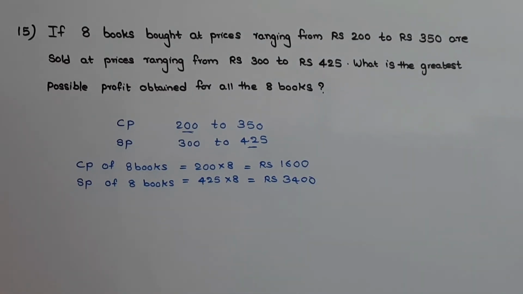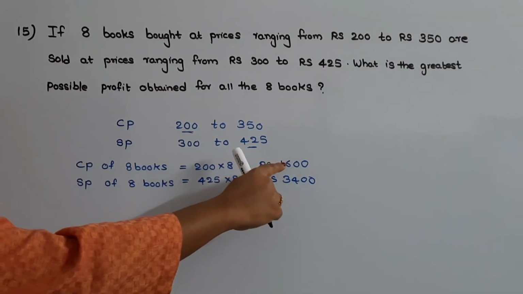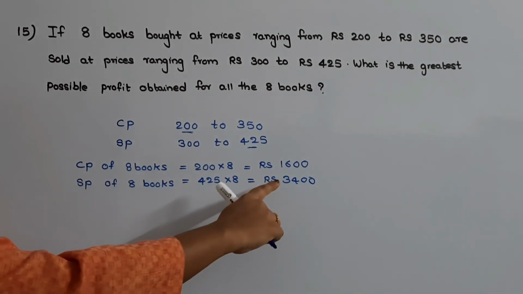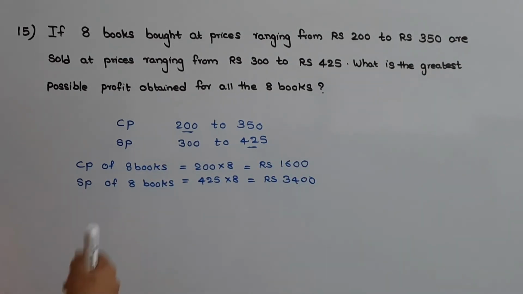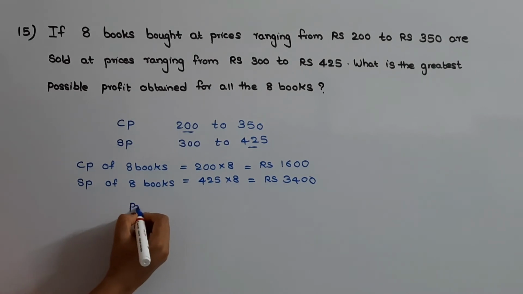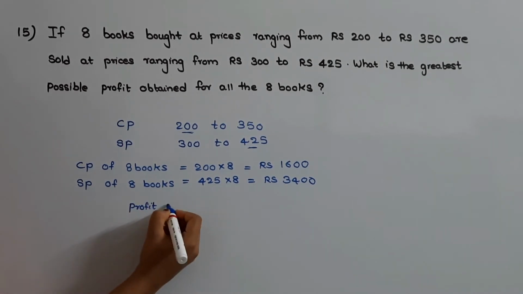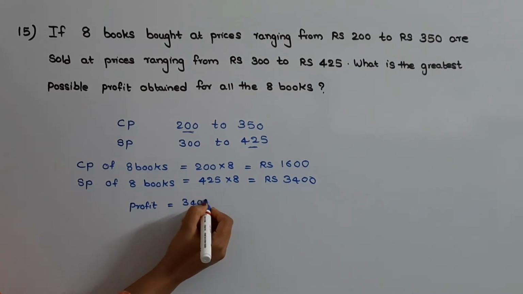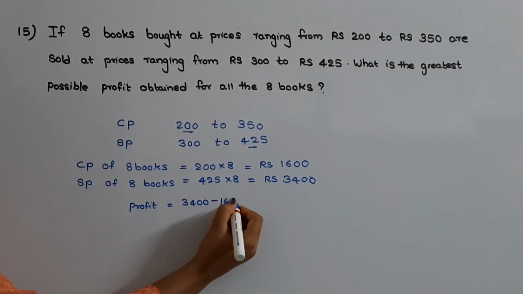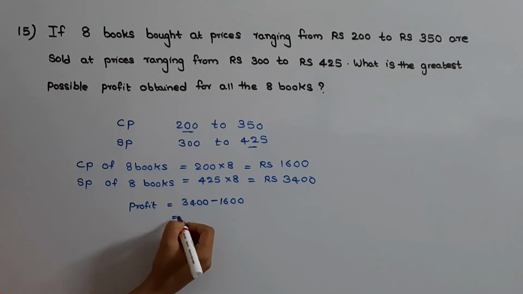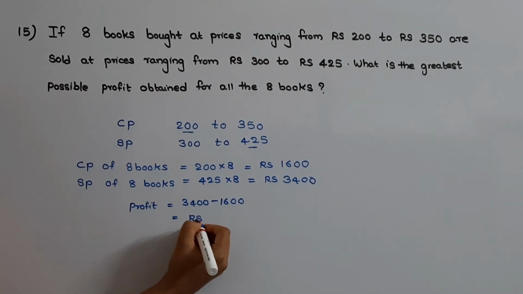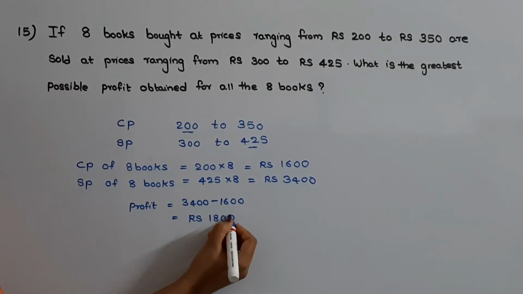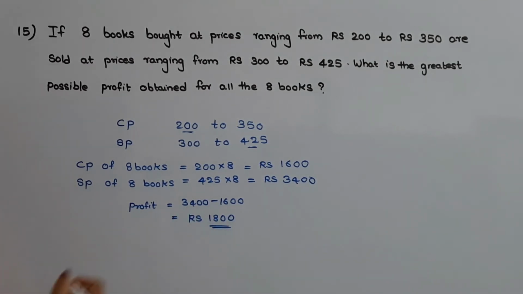So the cost price is rupees 1600 and the selling price is rupees 3400. Then what will be the profit? Profit is equal to selling price minus cost price, that is 3400 minus 1600, which is rupees 1800. So this is the answer.